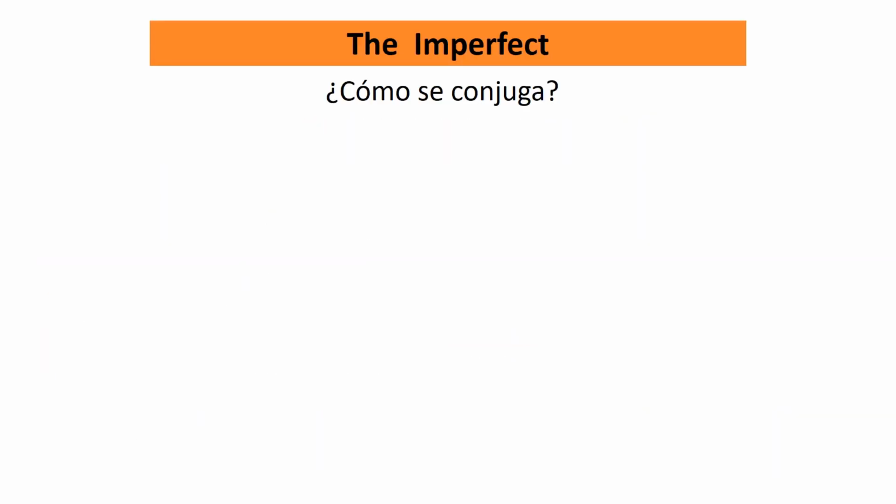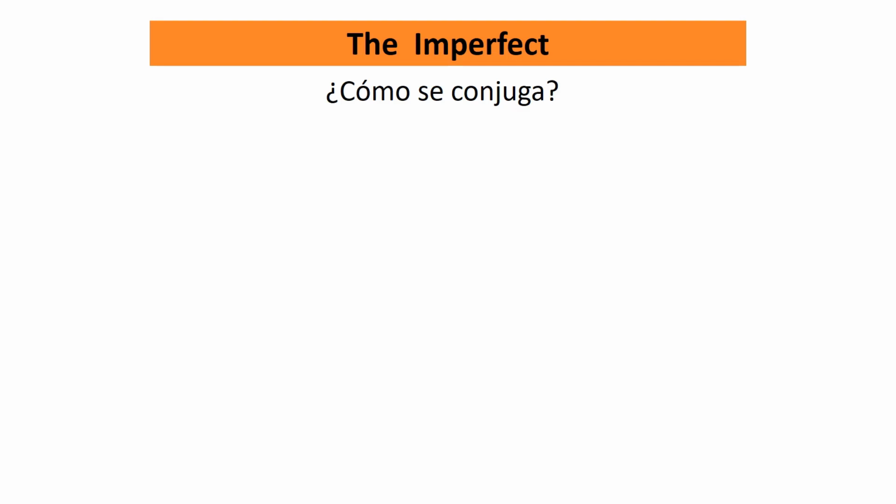Okay, so now we're going to see how we conjugate the imperfect tense. As we have on this slide, we have the verbs hablar, comer, and vivir. For verbs that end in -ar, in this case hablar, we keep the stem habl-, and then we add -aba for the first person singular, yo. We use -abas for the second person singular, tú.